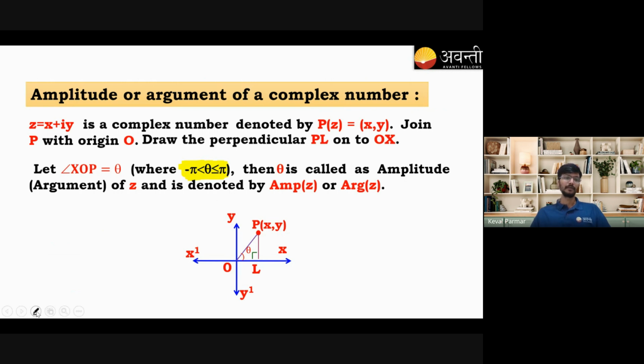That means the range of argument is 180 degrees clockwise and 180 degrees anti-clockwise. Correct? I hope I am very clear about this. This is a very general confusion which happens among students, so please make sure you avoid it.